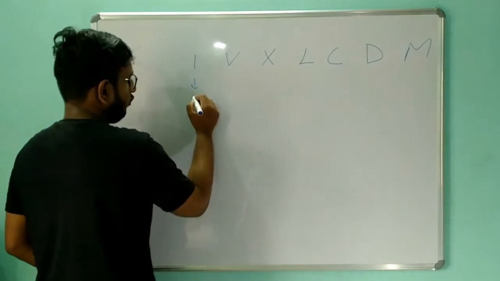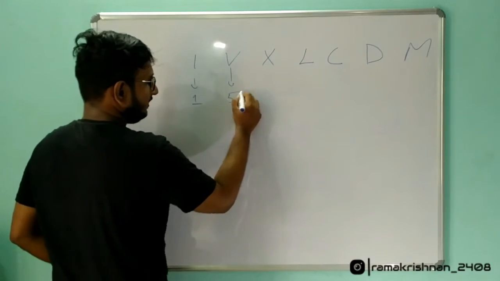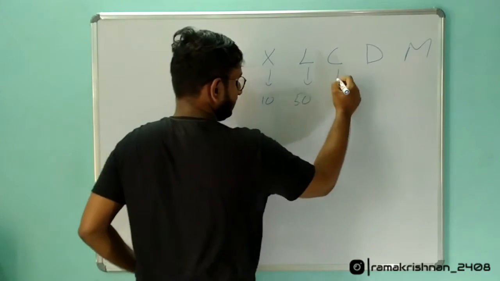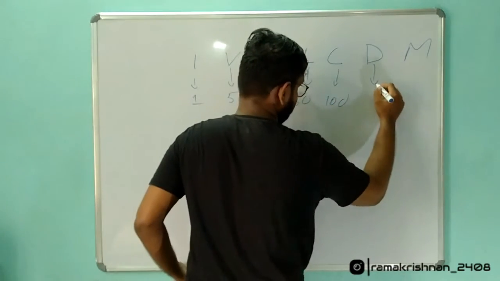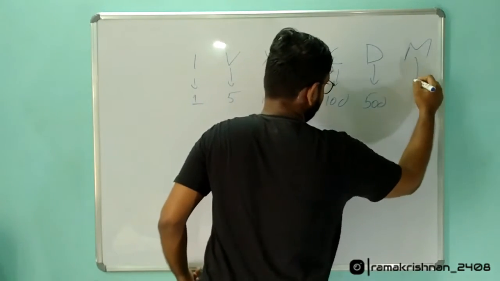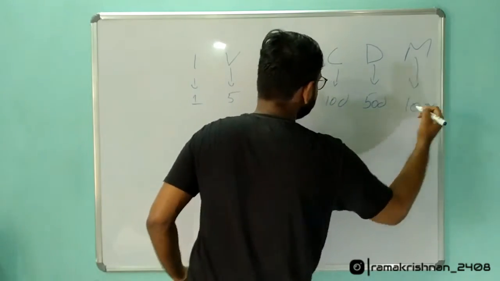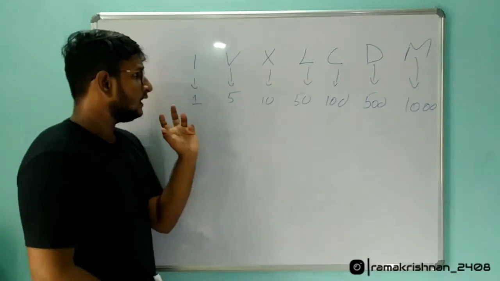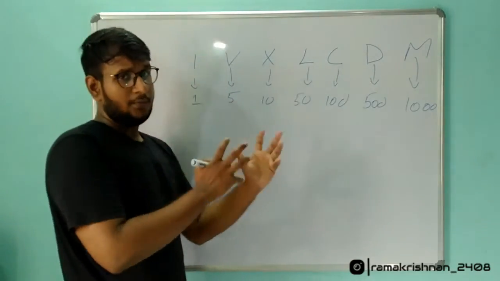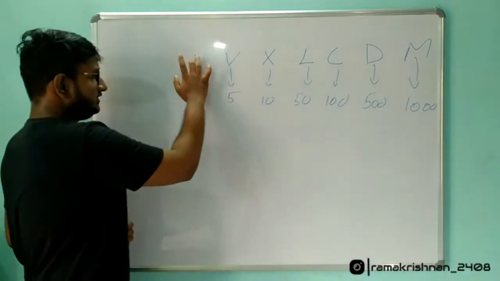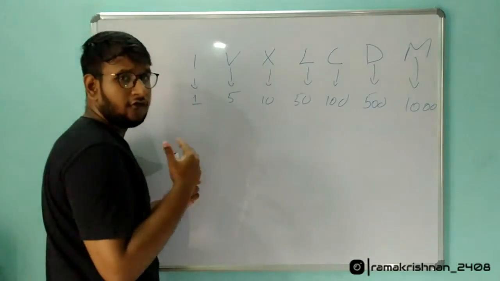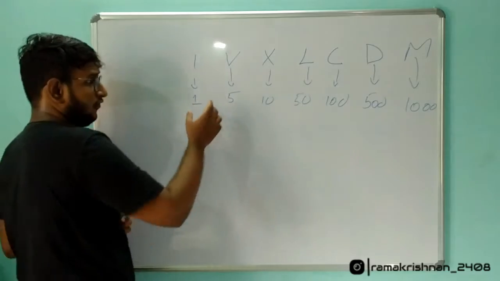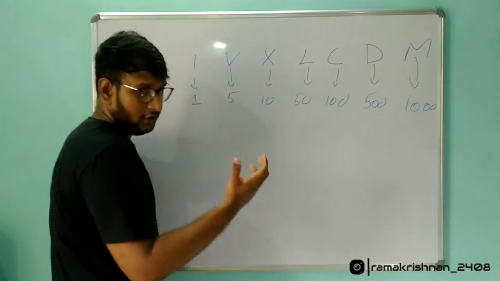So this stands for 1, this stands for 5, this stands for 10, this stands for 50, this stands for 100, this stands for 500, and this stands for 1000. These are the 7 characters in Roman numerals, and there is a specific property why we are not using this 1 consecutively four times to represent 4. We can say the same for why we are not using 5 consecutively as well.